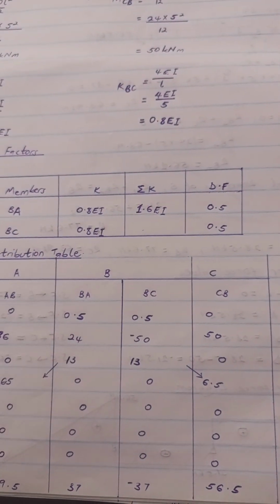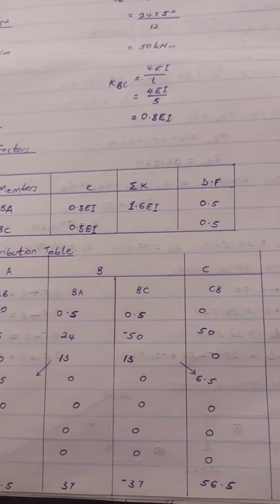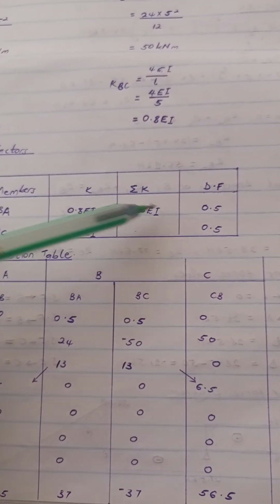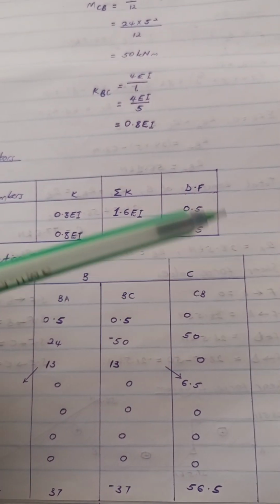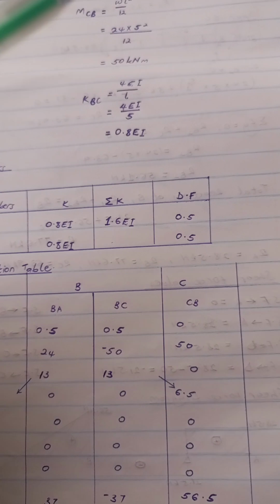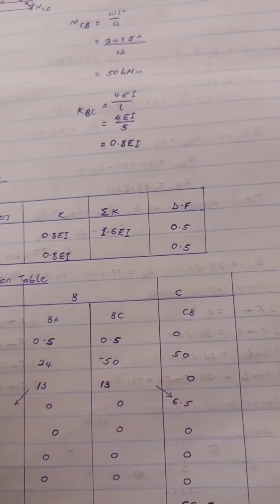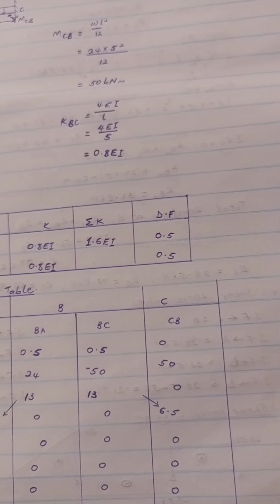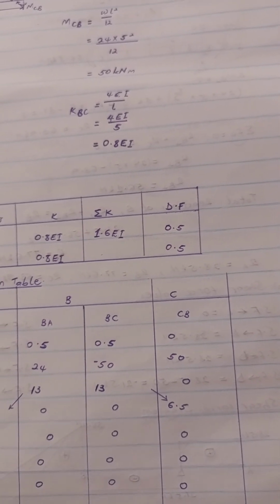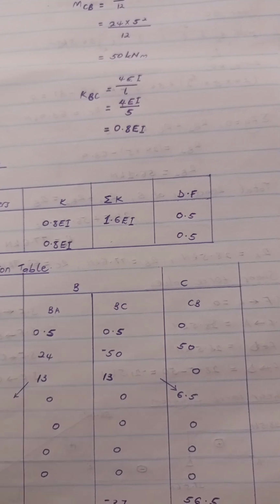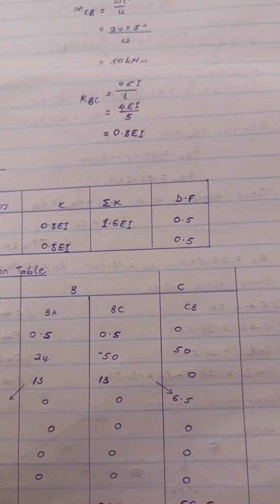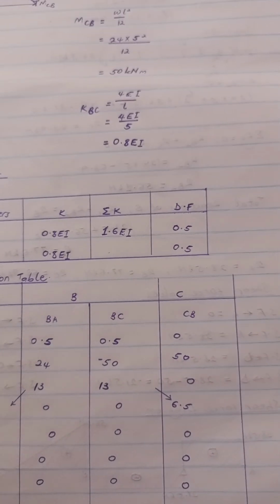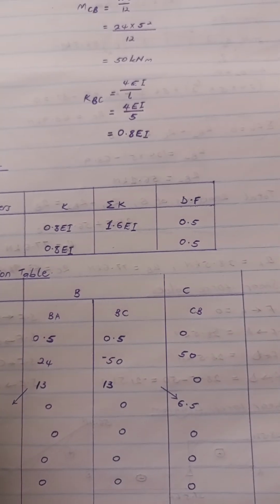Make sure that each time you're working at a joint, the distribution factors at that particular joint equal 1. If it does not equal 1, then you have calculated it wrongly. And sometimes for a roller or a hinge support, especially if the far end is a roller or a hinge support, the distribution factor will be equal to 1.